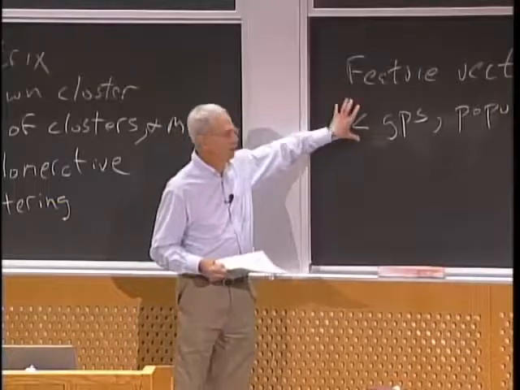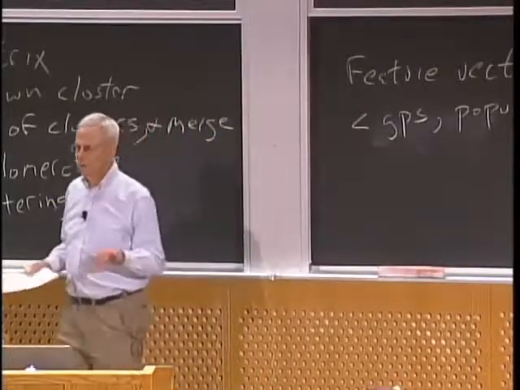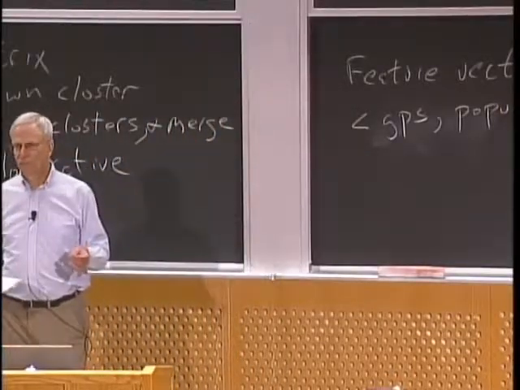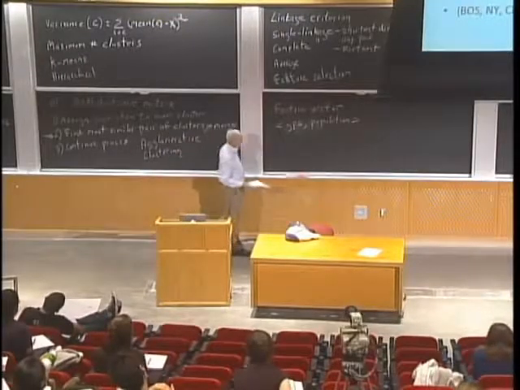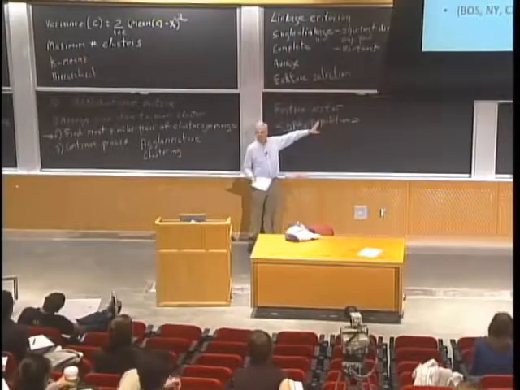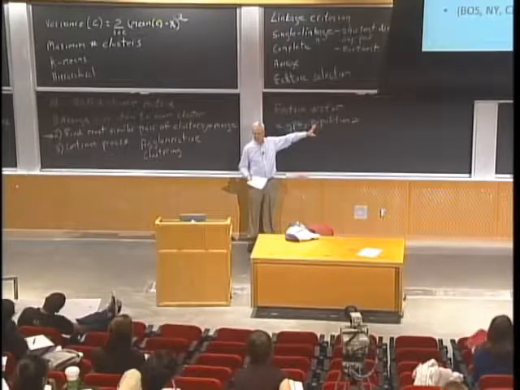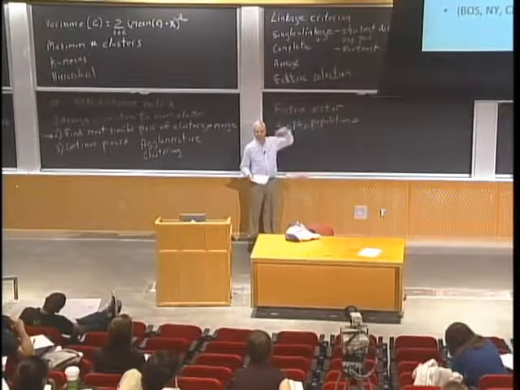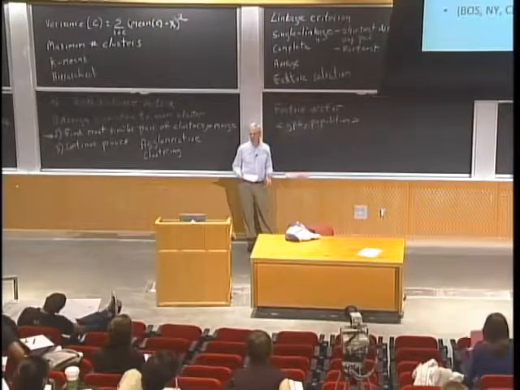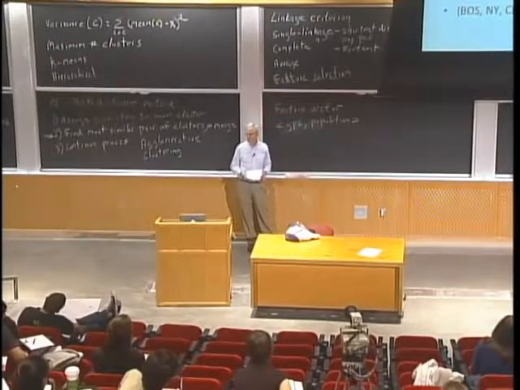Lots of issues there, and that's what we're going to talk about when we come back from Patriots Day: how in real-world problems we go from the large number of features associated with objects or things in the real world to feature vectors that allow us to automatically deduce which things are, quote, most similar to which other things.